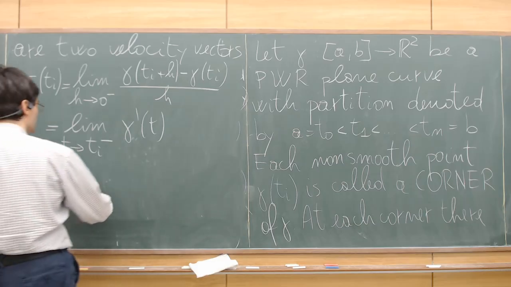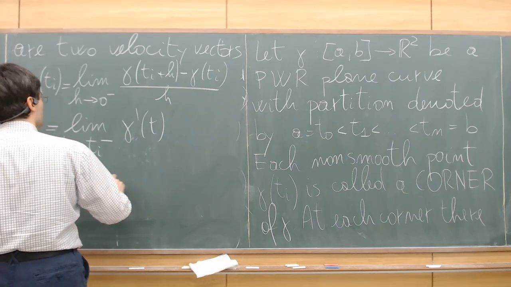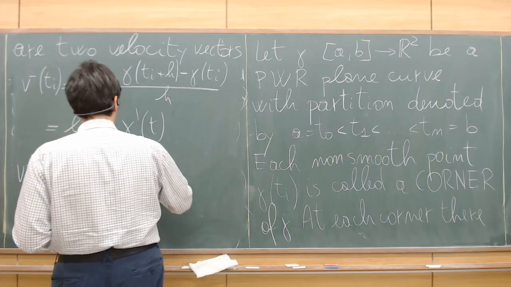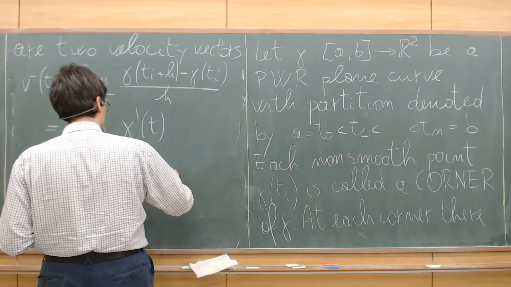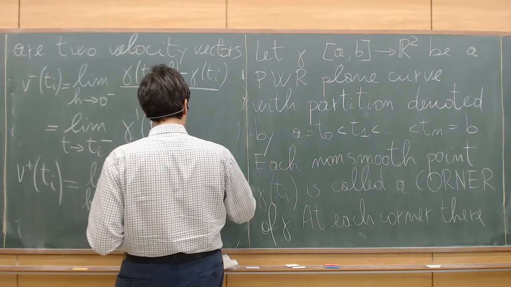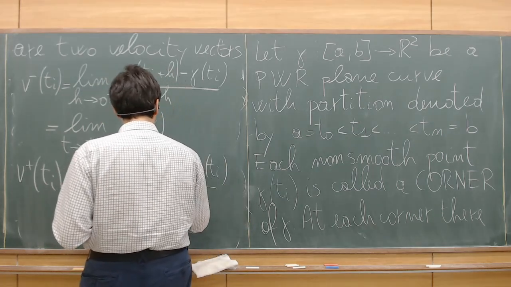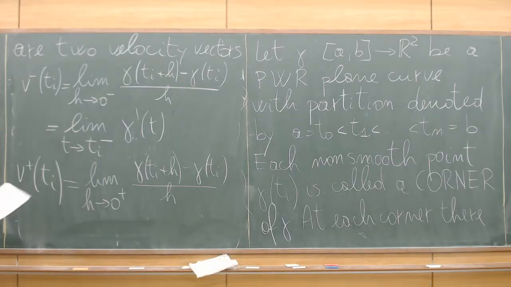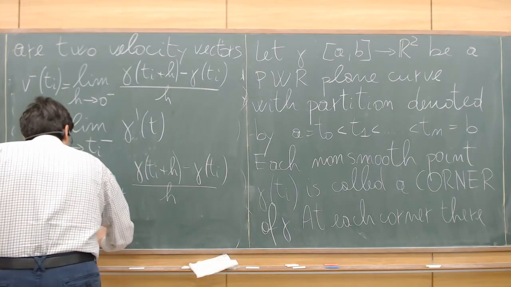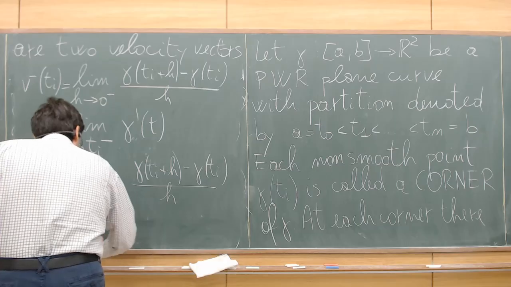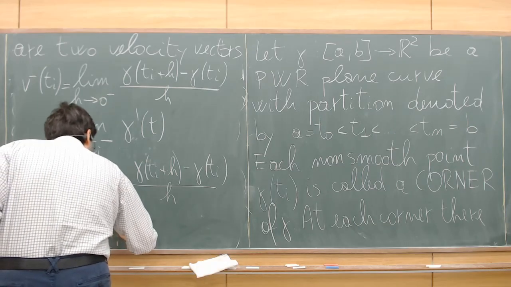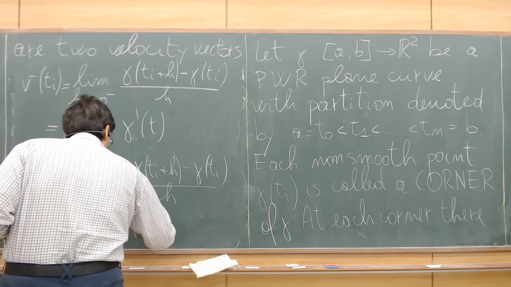This is the limit as h tends to 0 plus of gamma Ti plus h minus gamma Ti divided by h. And in the same way, this can be written as the limit as t tends to Ti plus of gamma prime t.